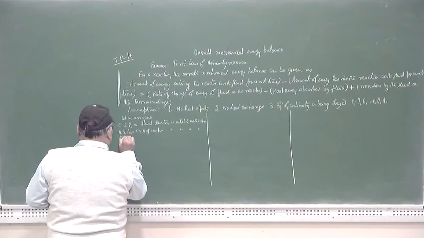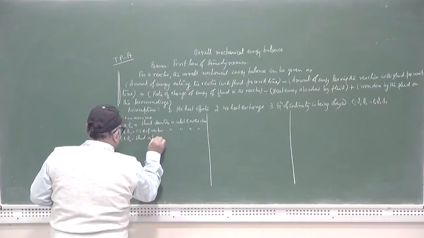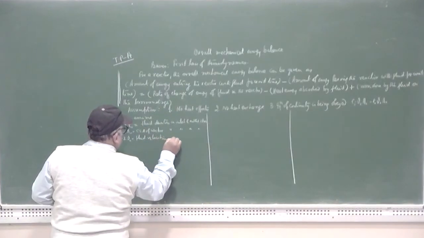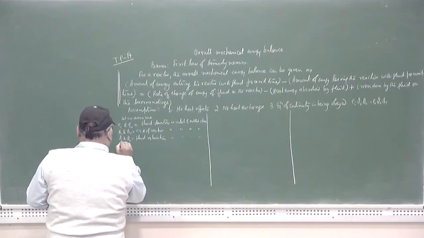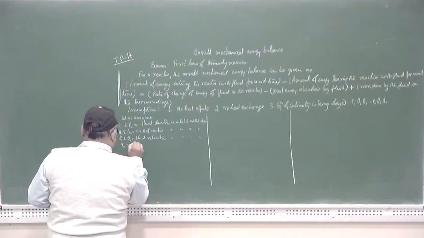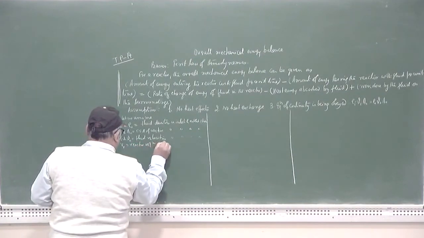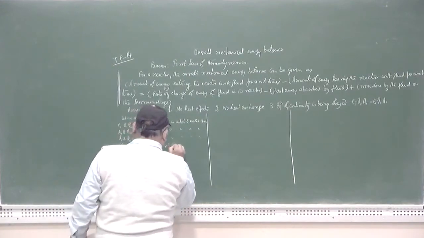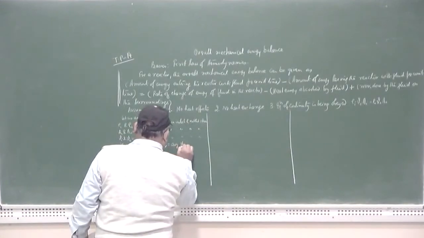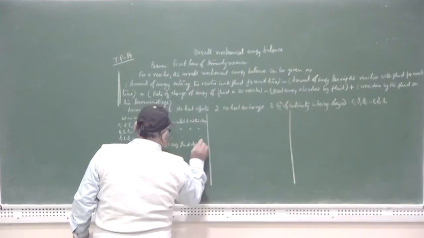V I and V naught are the fluid velocities in the inlet and outlet streams. Let capital V R be the reactor volume and rho R the average fluid density in the reactor.